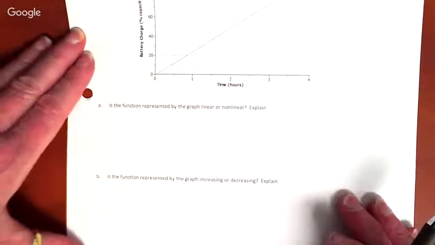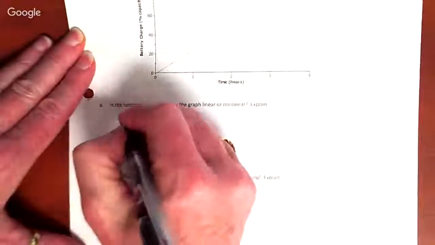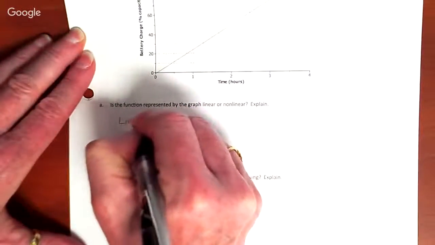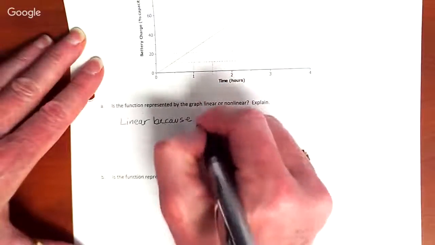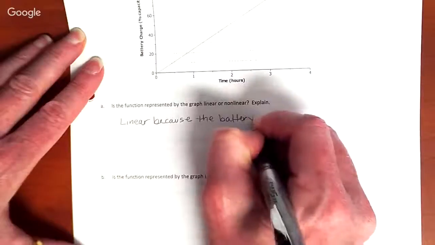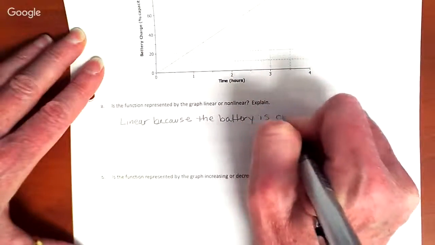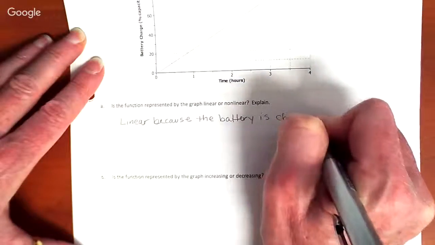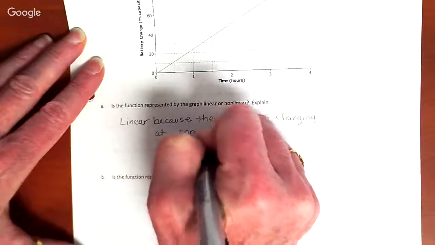So is the function represented by the graph linear or nonlinear? Linear, because the battery is charging at a constant rate.